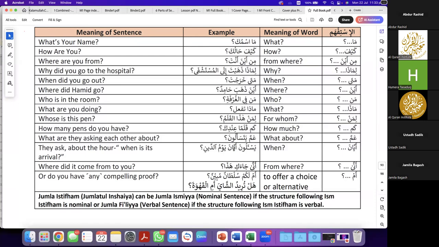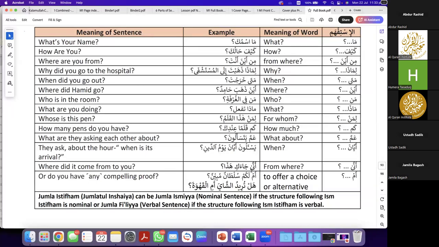So it always starts with one of the adatul istifham, either harf or ism. That's it. Jazakallah khair. So in this context, the actual question is ayyana yawmuddin. When is that hour?